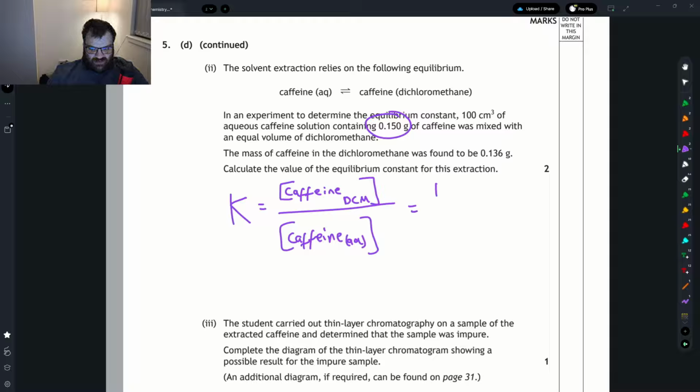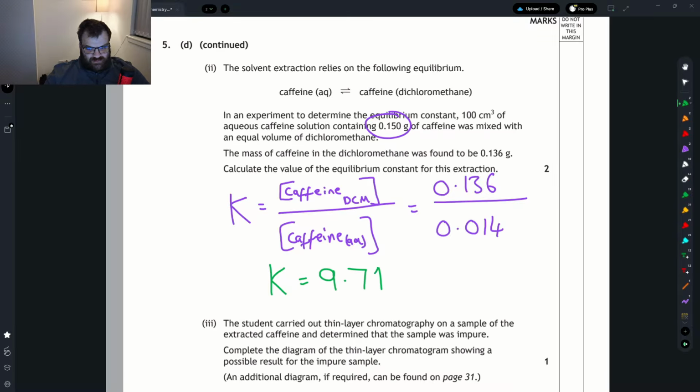Dichloromethane has 0.136. And that means if we take them away, we'd have 0.014 grams in the bottom layer. 0.136 divided by 0.014 gives us an equilibrium constant of 9.71. They have no units. That's just what we put for our final answer.